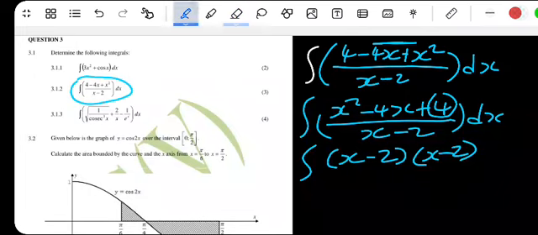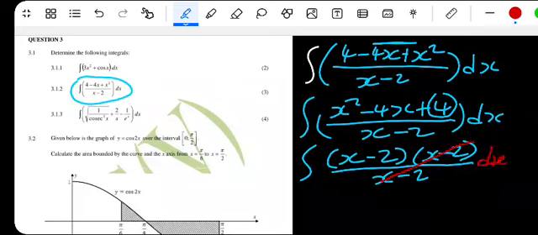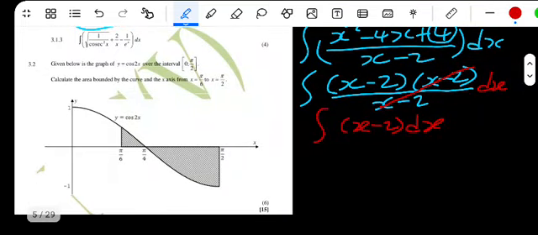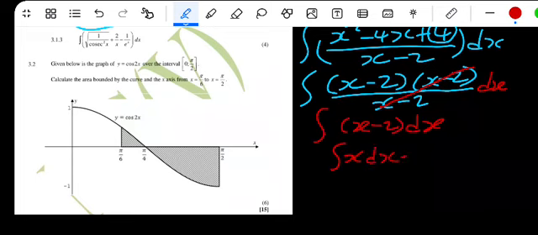Then we divide this by x minus 2, and this will cancel. We're left with the integral of x minus 2 dx. This is the same as the integral of x dx minus the integral of 2 dx.